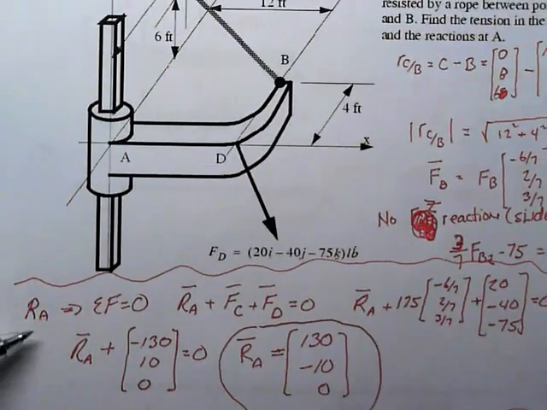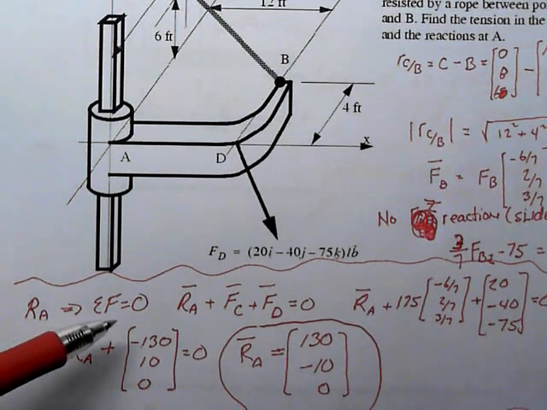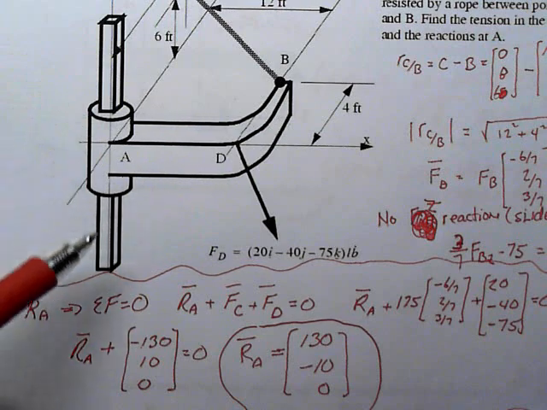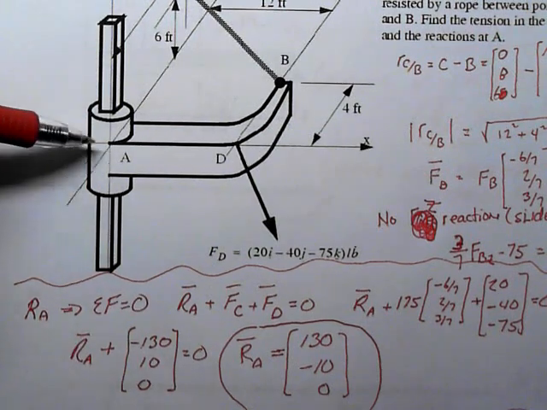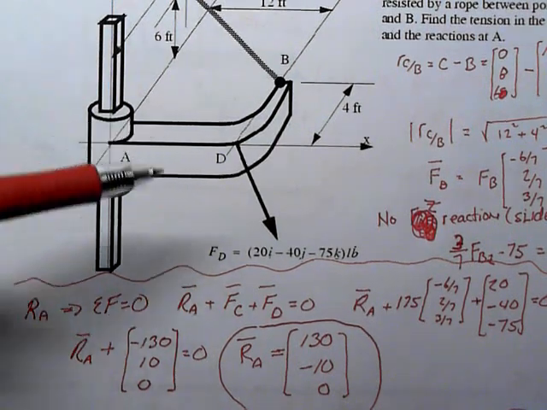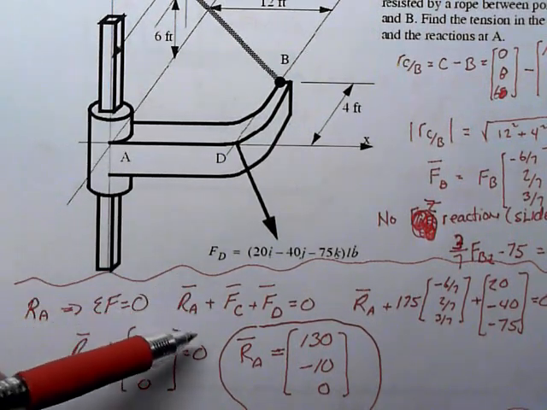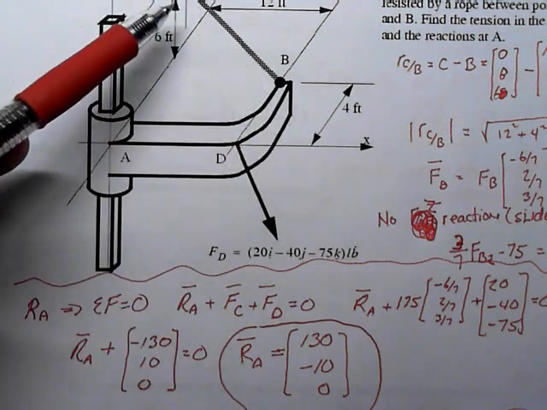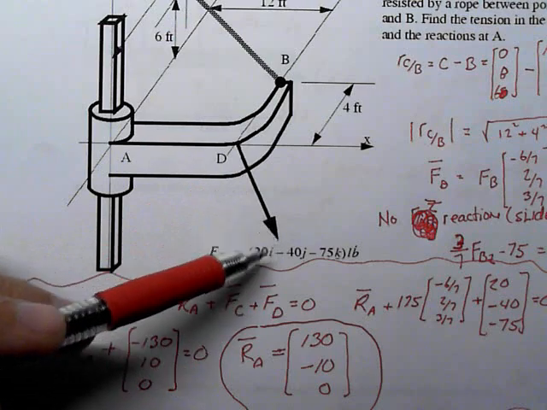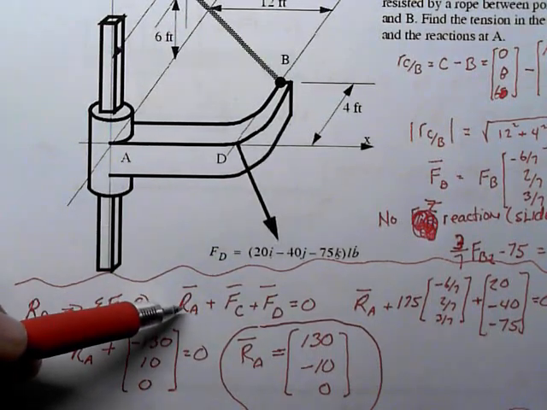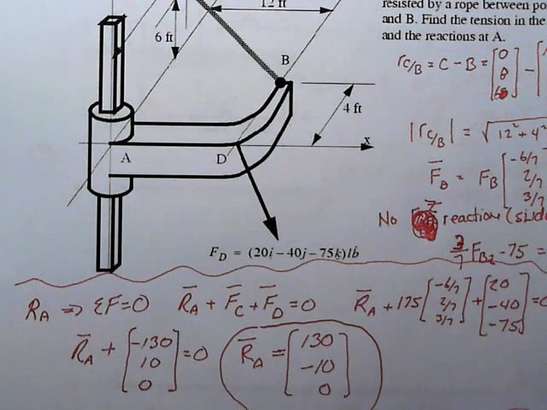So to get the reactions at point A, we're going to sum forces equal to 0. Then we're going to have the reactions that occur at point A in the X, Y, and Z, plus the force at C, or B, it doesn't matter, the rope force, plus the force at D. The sum of those 3 forces equal to 0. This is the unknown, and we'll solve for it.